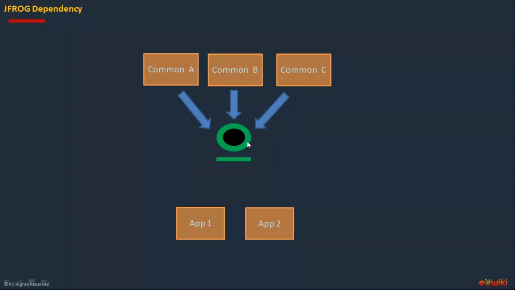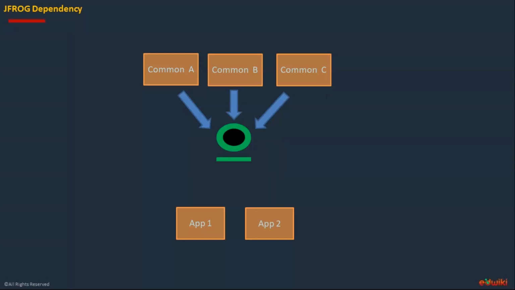That means all the dependencies that may be used by some other Java application, those artifacts I'm deploying into JFrog Artifactory. JFrog will be storing all those artifacts, like a jar file or war file, based on your project needs.